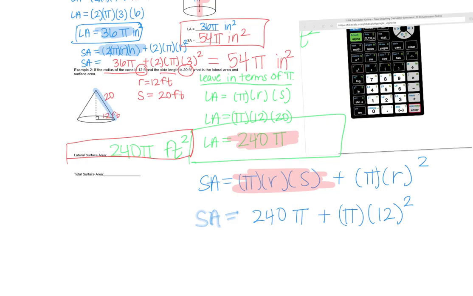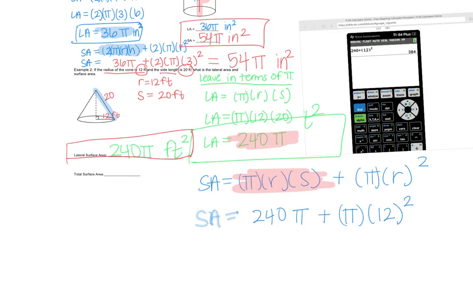Enter. And I get 384. So surface area equals 384 pi. Put your units, feet squared. So it's 384 feet squared. Oh, and again, don't forget the pi. Make sure you put your pi in there.